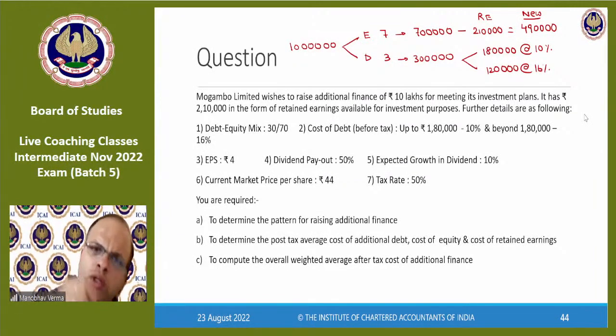And then you have to also do the weighted average within the debt, because there are two types of debts, guys. I'm just waiting for the answers from your side.